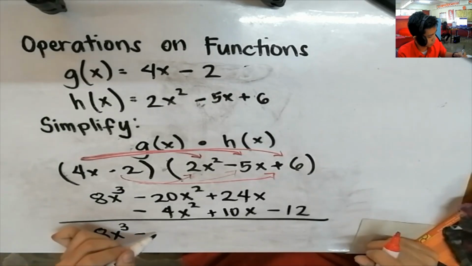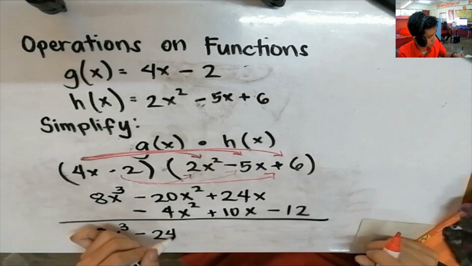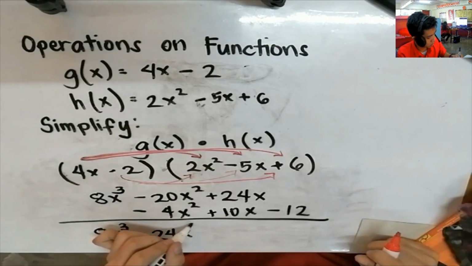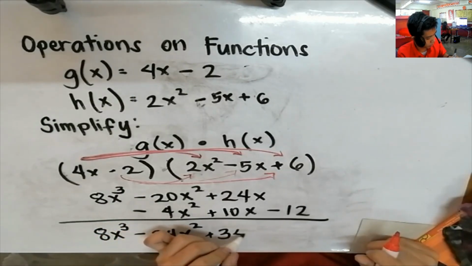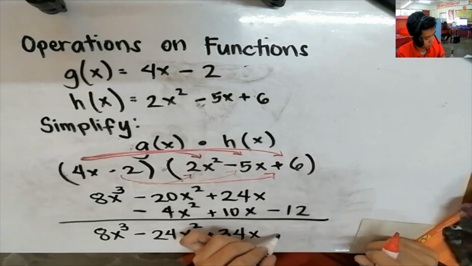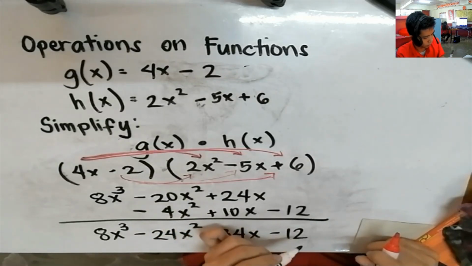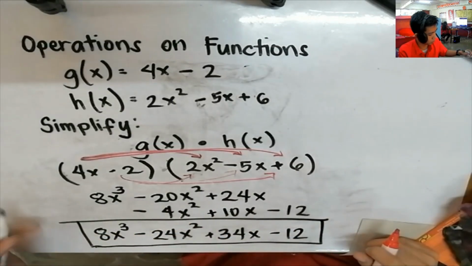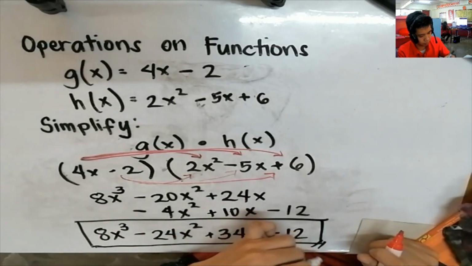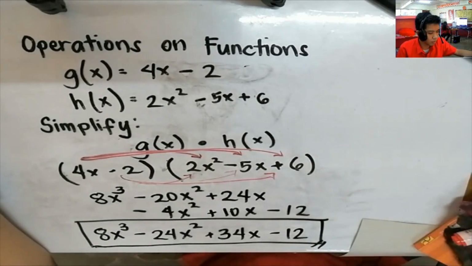And here we have minus 24x squared plus 34x minus 12. This is now the simplest form of g of x times h of x.